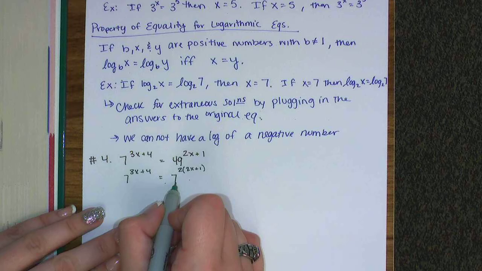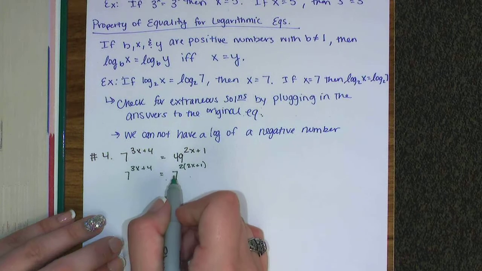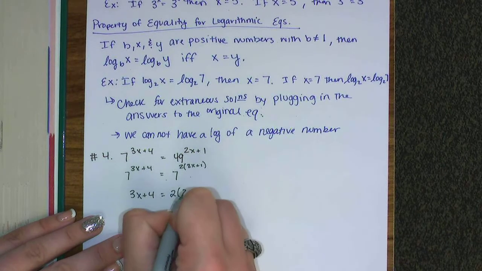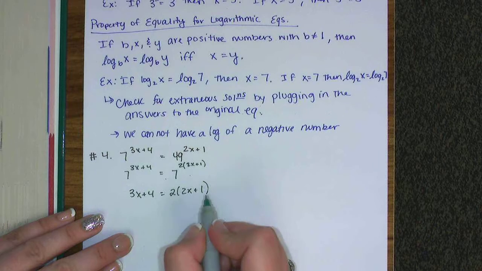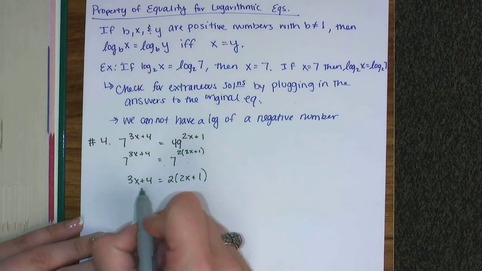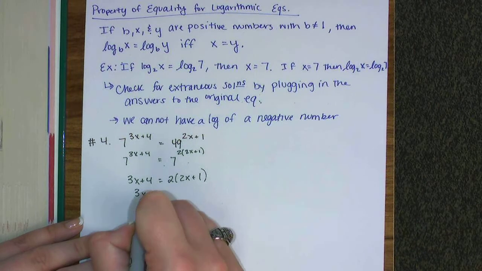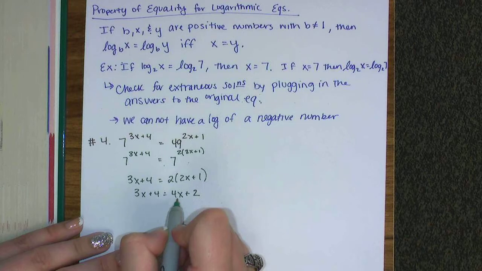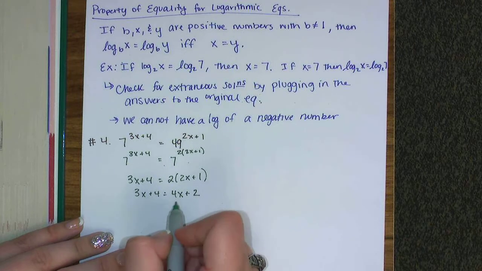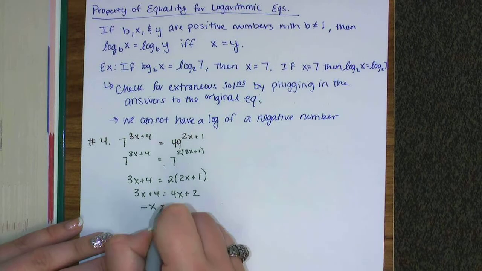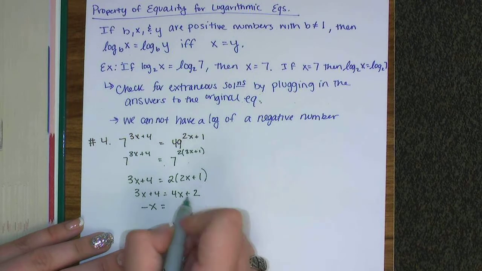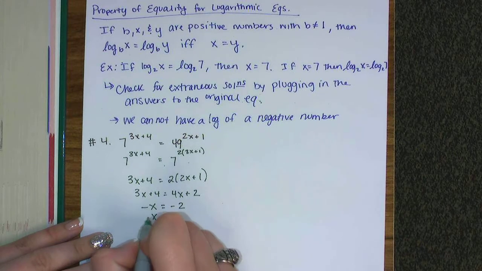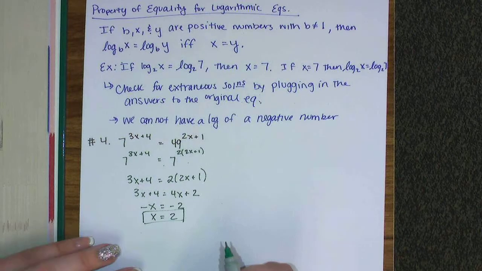Now these two bases are the same. So I can say 3x plus 4 is equal to 2 times 2x plus 1. And this is 3x plus 4 is equal to 4x plus 2. I'm going to move my x's to the left side, so that's going to be negative x is equal to, I'm going to subtract this 4, negative 2, so x is equal to 2, and that would be our answer.